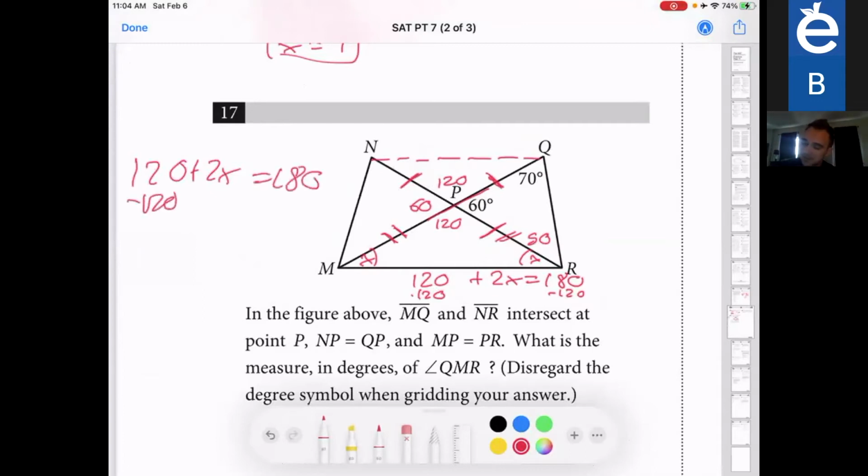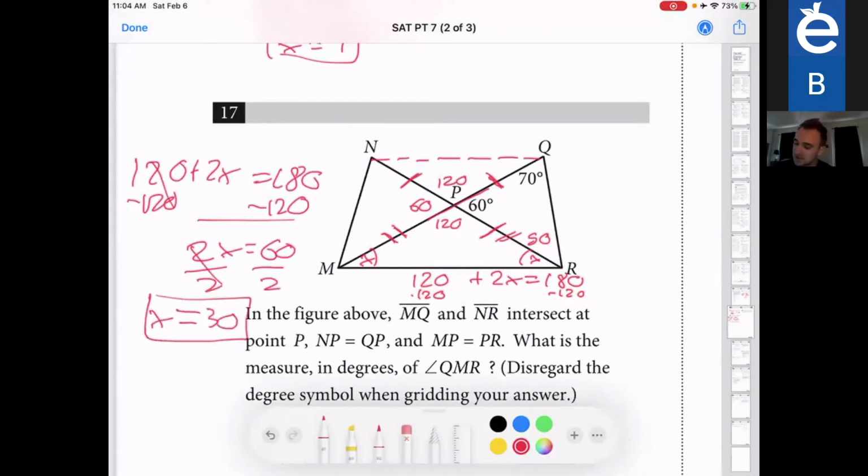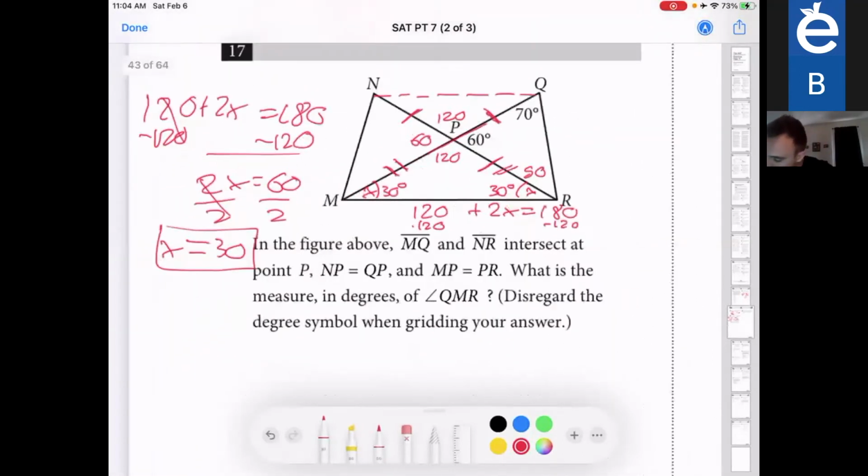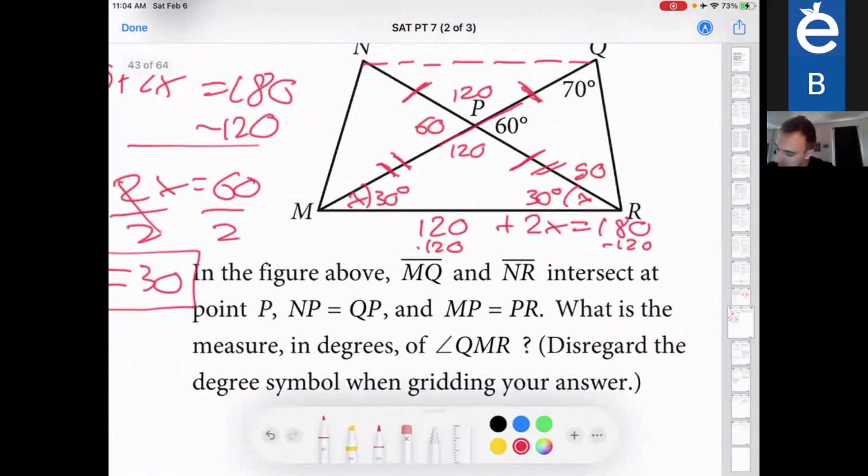Subtract 120, subtract 120, 2X is equal to 60, divided by 2, divided by 2, X is equal to 30. That's the angle here that we're looking for, 30 degrees right here. Also applies to that angle, 30 degrees. Let's just check. You're looking for angle QMR, right? They tell us angle QMR here, and yep, that fits. That's that angle right there.